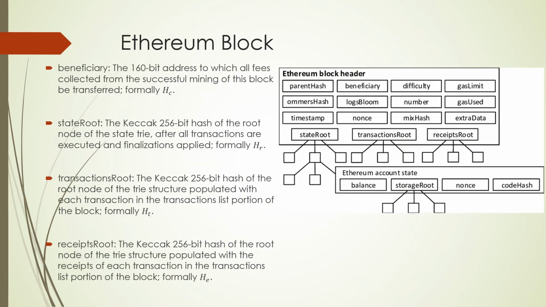Another field in the Ethereum block is beneficiary, which is basically the 160-bit address or identifier of the account that will receive all the fees that are collected from the successful mining of the block, and that's represented by H sub C. Then you have state root, which is the SHA-3 256-bit hash of the root node of the state tree after all transactions are executed and finalizations are applied.